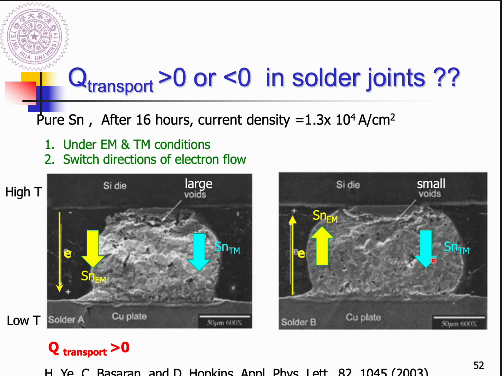Because the net flux equals 0, so we are not going to observe void formation or extrusion on the solder bond or any composition change, right? So this is the new design idea for fabrication of solder bond here.